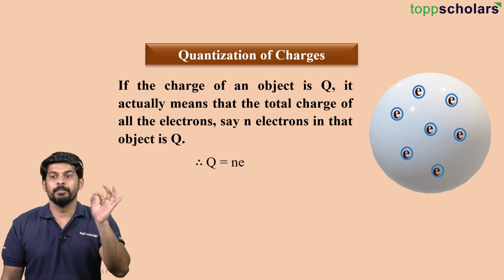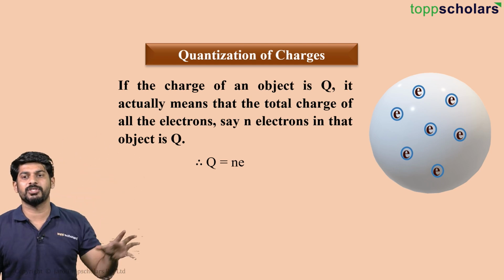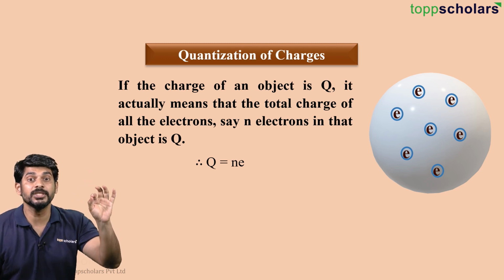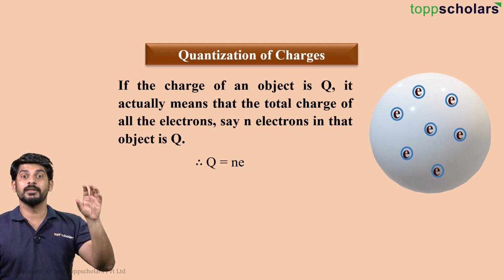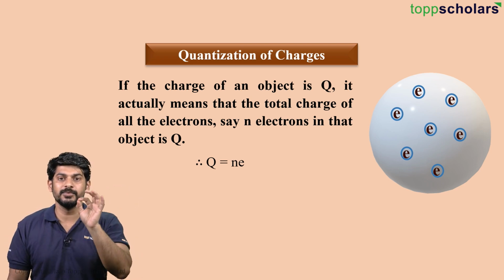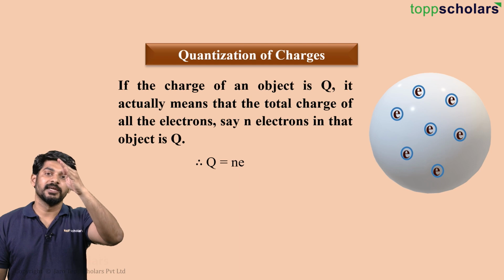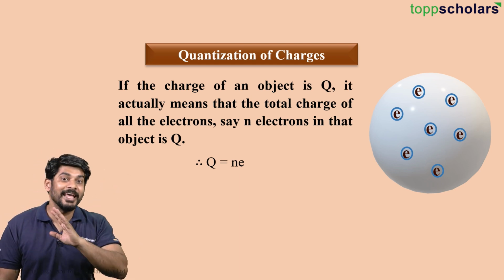So basically we can say that anywhere we see some charge accumulated, it is always some multiple of the basic electronic charge, n times e only. We will never have a charge that is, let's say, half of e, or 2.3 times e. No, it will never happen.